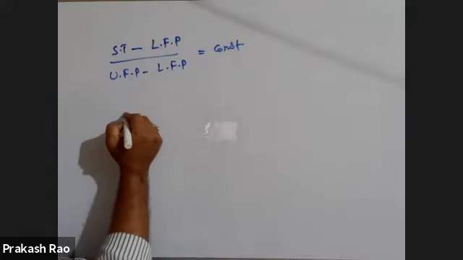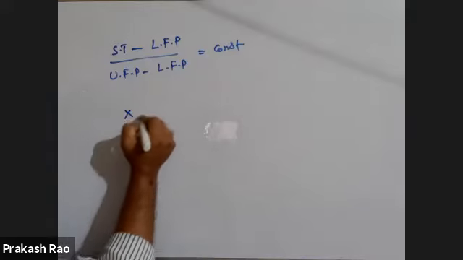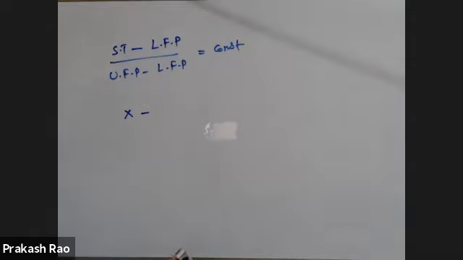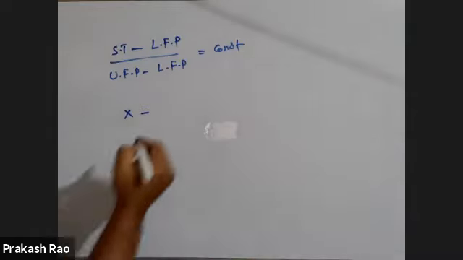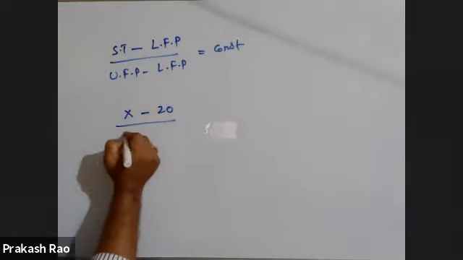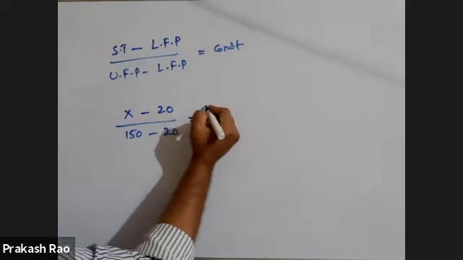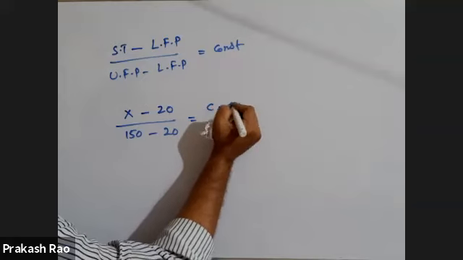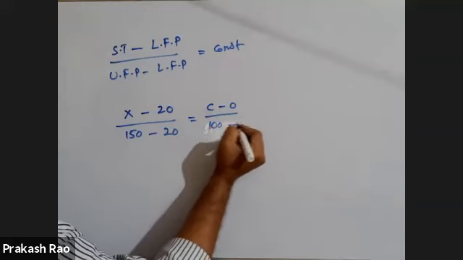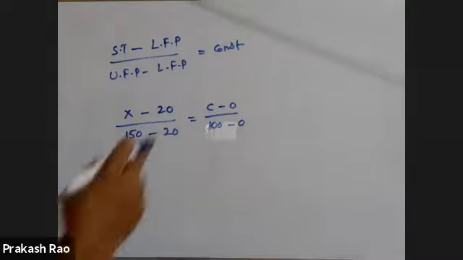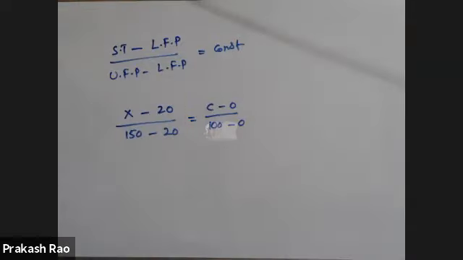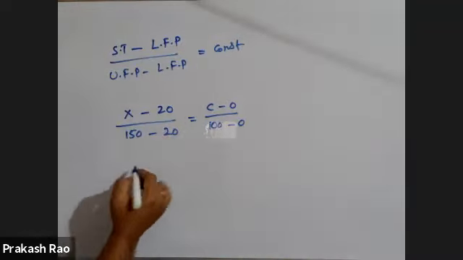So for the new scale, let it be X: X minus the lower fixed point, which is given as 20, by the upper fixed point, given as 150, minus 20. And for the Celsius scale, C minus 0 by 100 minus 0. You know that. I have written this expression. So in our problem C is given as 60.